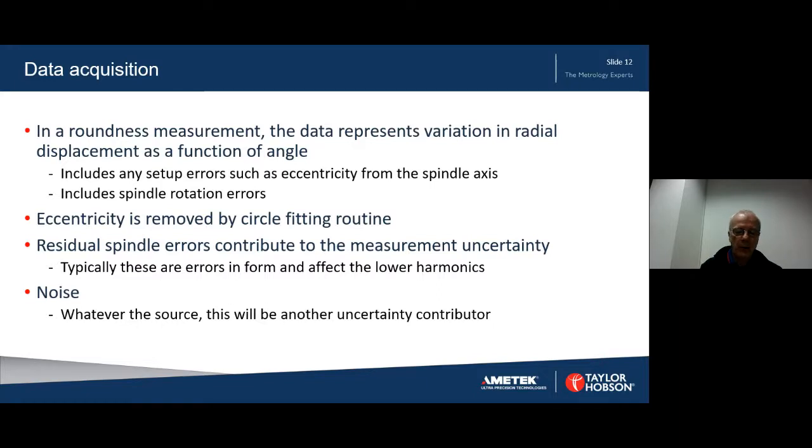However, other setup errors such as tilt cannot be dealt with readily and so will contribute to the overall measurement uncertainty. Residual spindle errors will also contribute to the measurement uncertainty. Typical spindle errors will mainly impact the lower harmonics, say 1 to 15 UPR. Noise is another uncertainty contributor that will have to be accounted for.